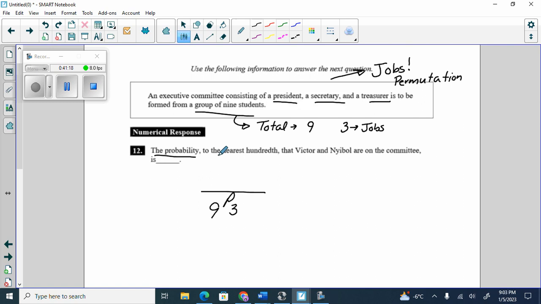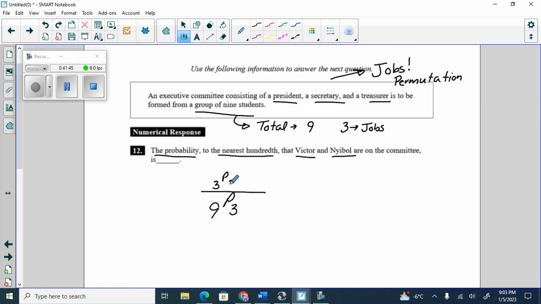The probability to the nearest hundredth, not percent, hundredth, we're just going to divide, that Victor and Niabal are on the committee. Victor and Niabal are on the committee. So we need Victor, Niabal, and one other. So that's 3 people total.